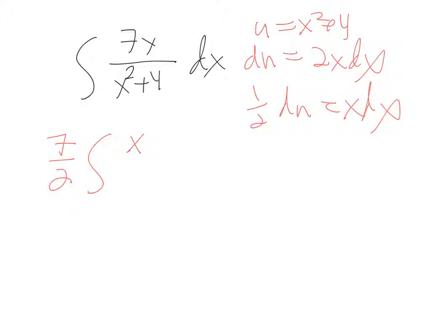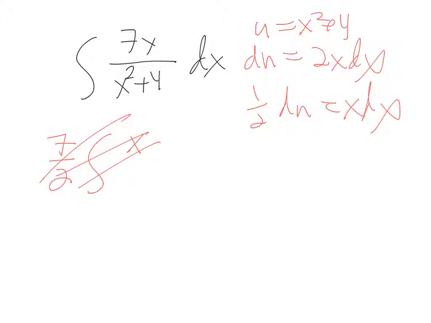So I'm doing that substitution, and I'm jumping ahead of myself. See how the x dx is the same as the du? This is the 1/2 du. So I brought the 1/2 out in front. I brought the 7 out in front, and that lets me replace that x here.